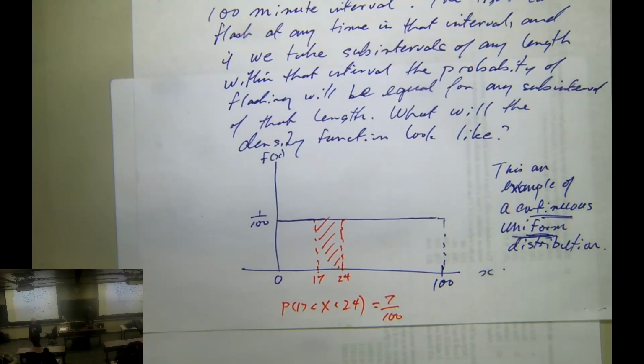Any 0.001 second interval, or even 1 nanosecond, or a picosecond interval, or picos of picos? As that interval gets smaller and smaller, the probability is going to get closer and closer to 0.